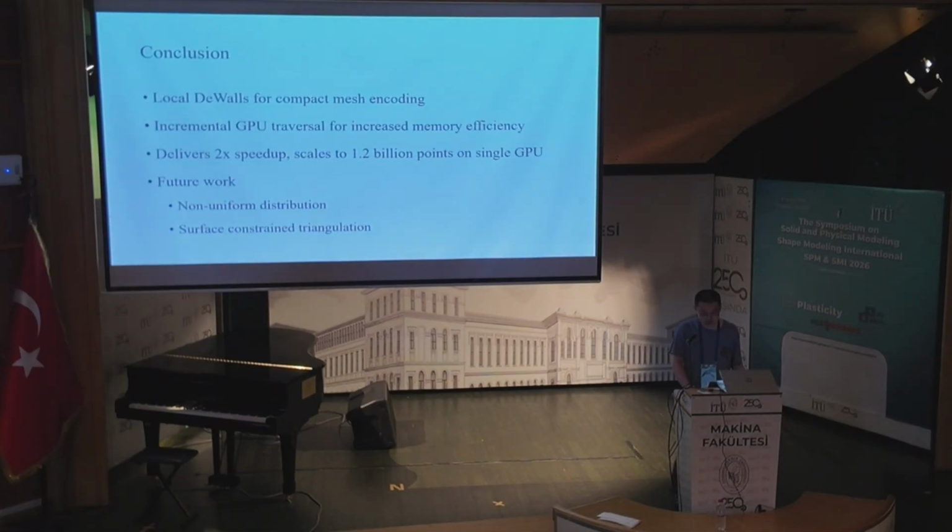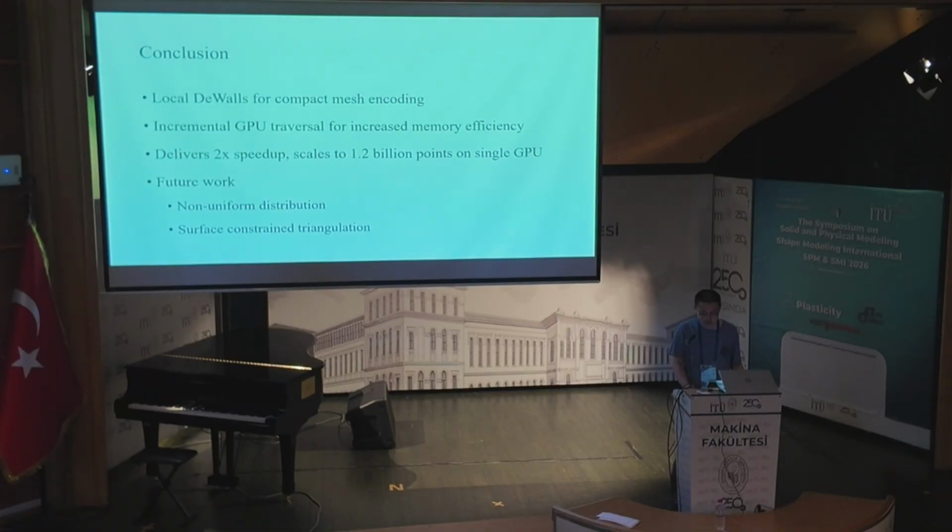To conclude, we propose the local DeWall, which provides a compact encoding of the 3D Delaunay triangulation as an ordered list of points. We developed a traversal method to construct each local DeWall by traversing adjacent tetrahedra, drastically reducing memory footprint and traffic.